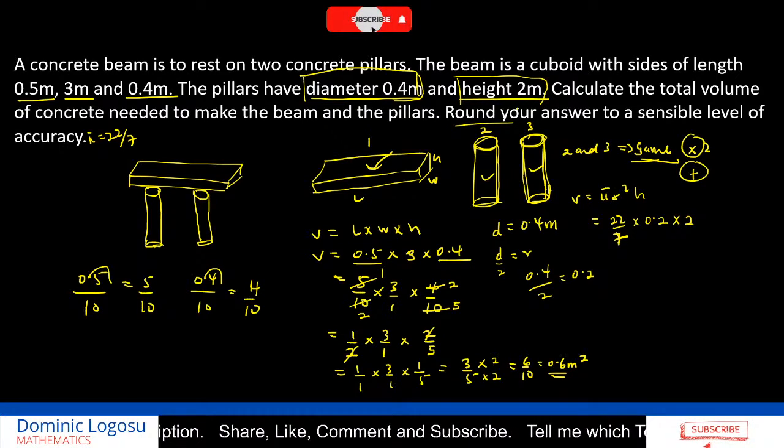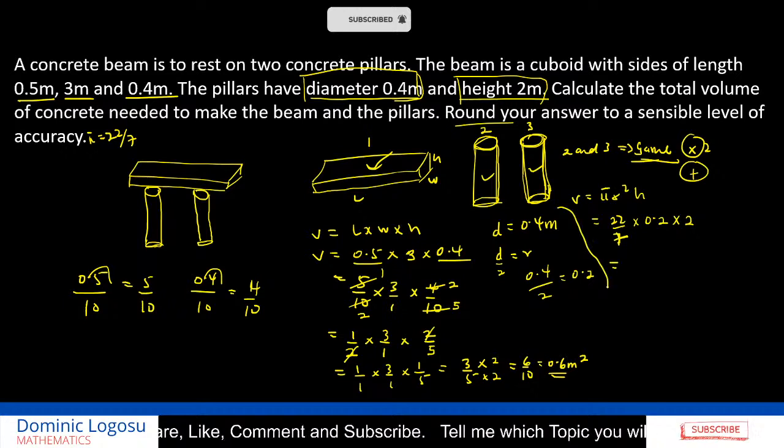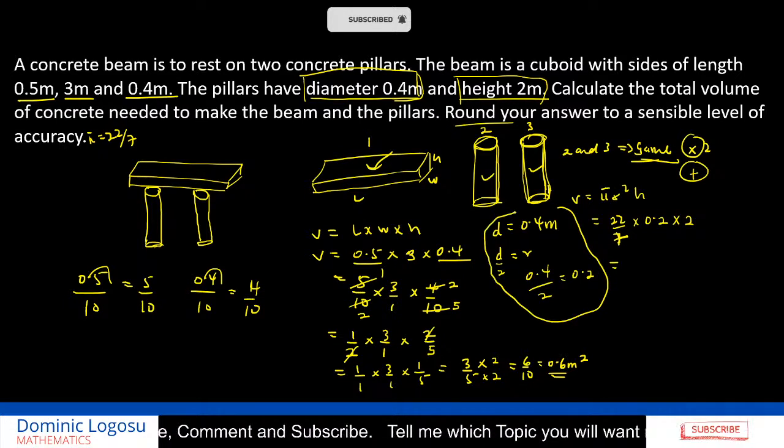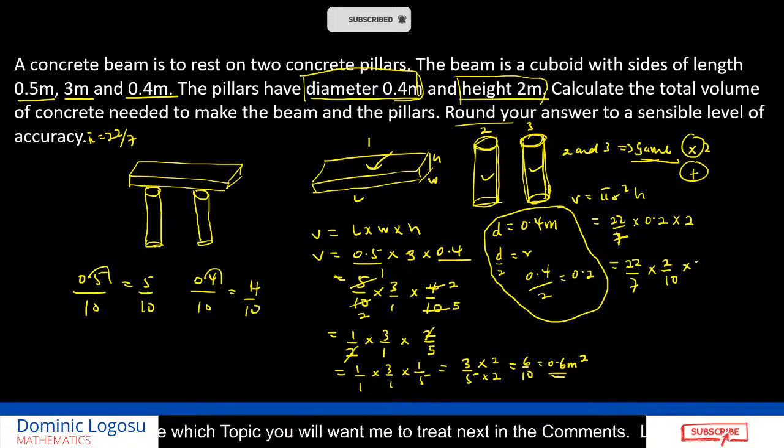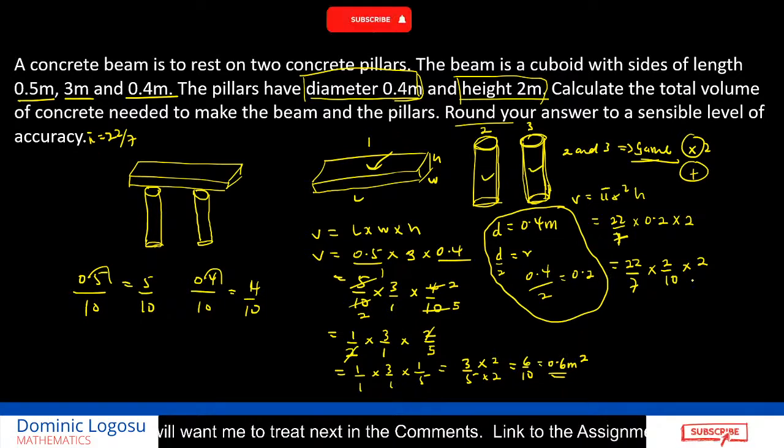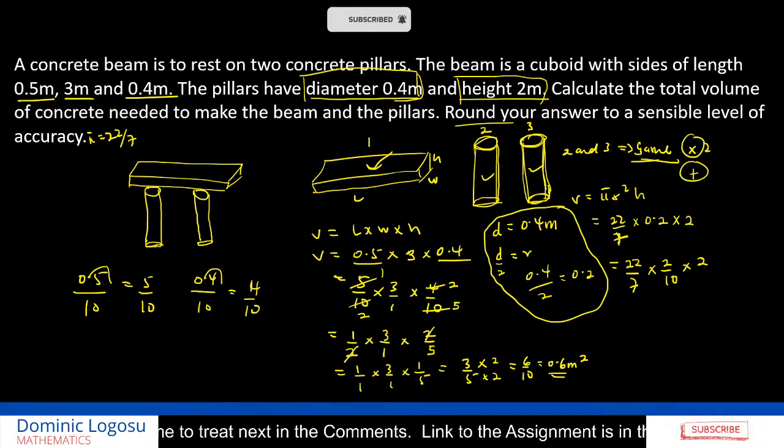Okay, so times 2. Now for us to go further, let me just circle this so that it doesn't distract us. We'll have 22 over 7 times 2 over 10 times 2. Why 2 over 10? Because 0.2 is 2 over 10. Now let's see if we can do some form of cancellation. This 2 will go here, 1, 2 will go here, 5.